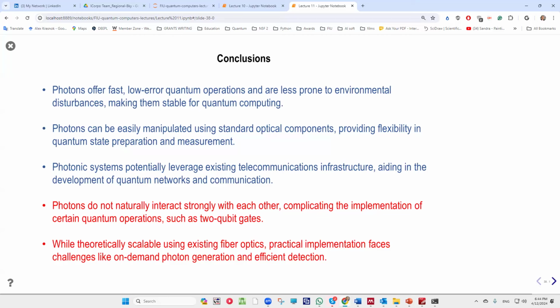Another approach is to couple light to matter, form excitons, and reach the so-called strong coupling regime of light and matter, and use those new types of particles, called quasi-particles, to achieve this strong nonlinearity at the single-photon level. So this all makes photonics and quantum photonics very promising for quantum computing applications.